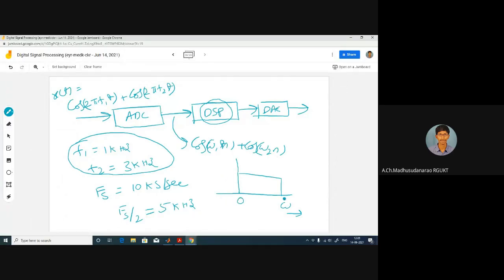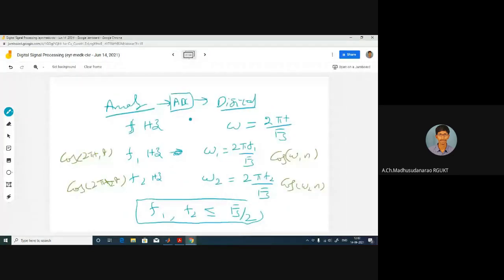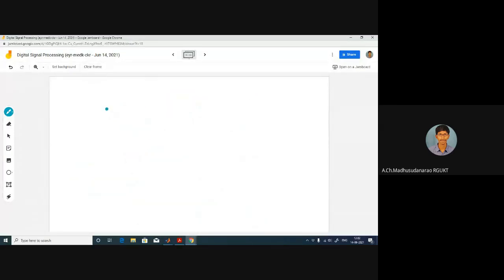What is the equivalent digital cutoff frequency? I am using 2 kilohertz. I have fs equals 10 kilo samples per second. I want to design a low pass filter with the cutoff frequency 2 kilohertz. Then what should be omega c?